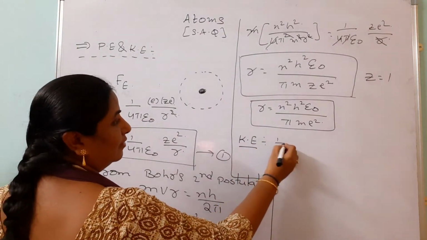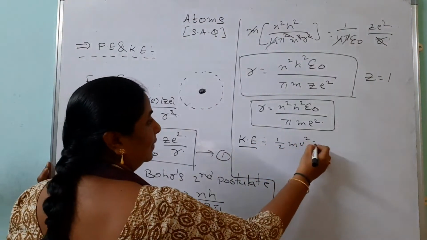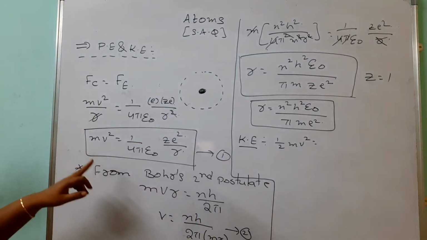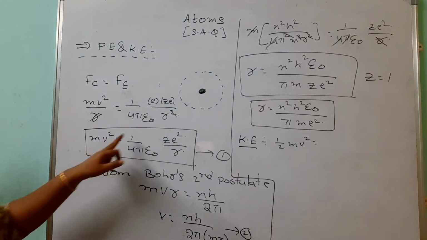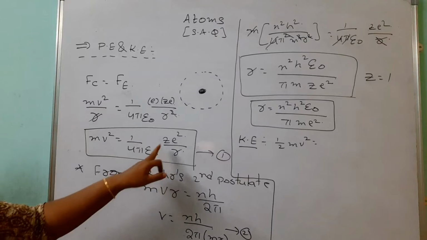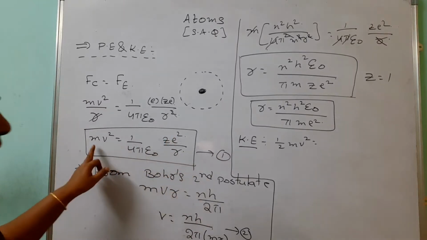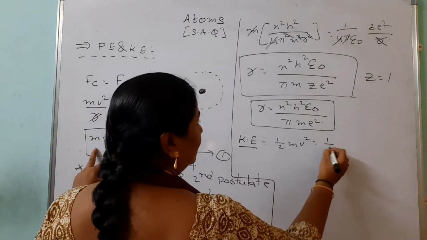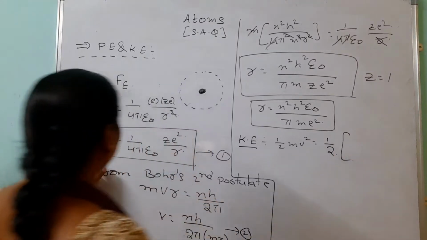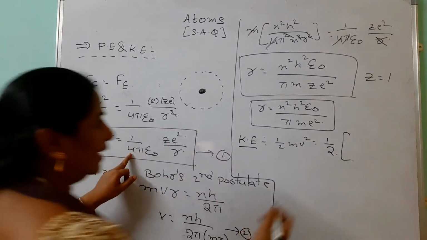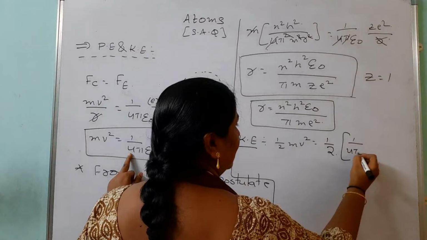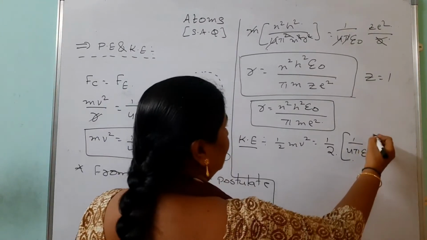Kinetic energy, what is the formula? Half mv square. But already you know that here mv square is 1 by 4 pi epsilon naught z e square by r. So 1 by 2 into, instead of mv square, we are taking 1 by 4 pi epsilon naught z e square.